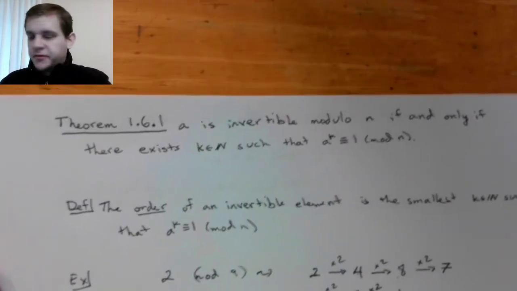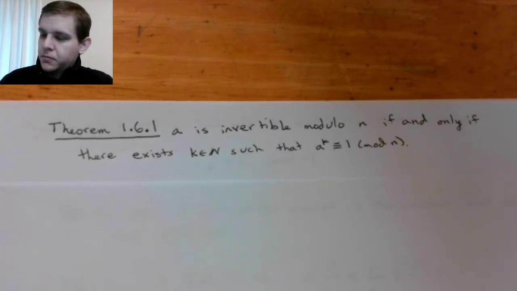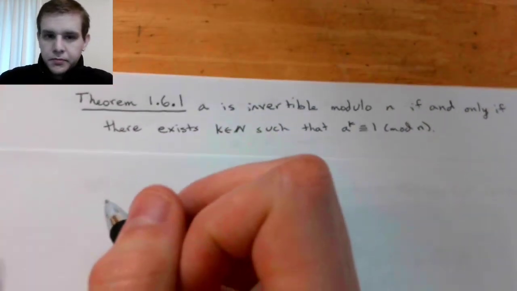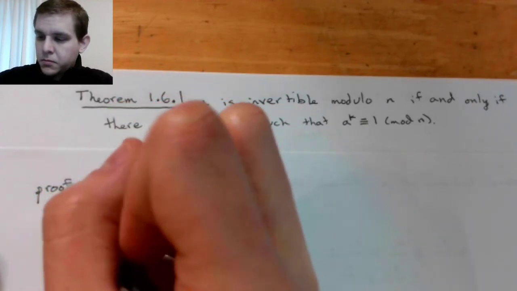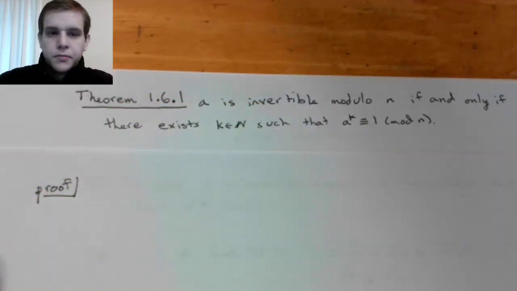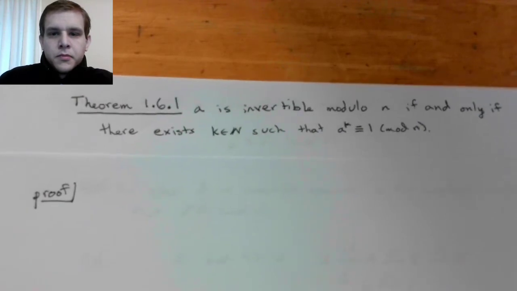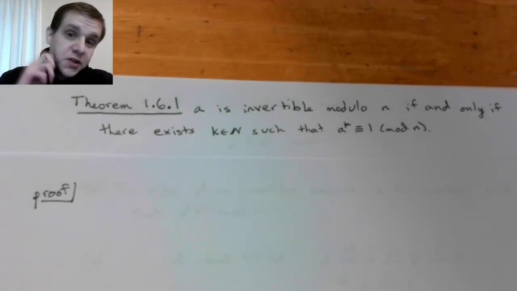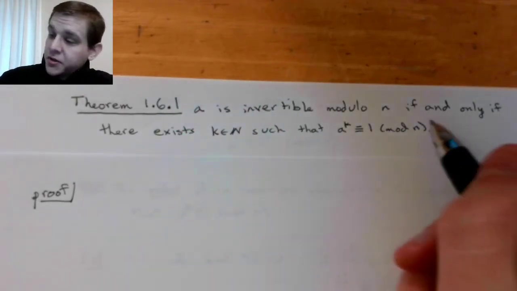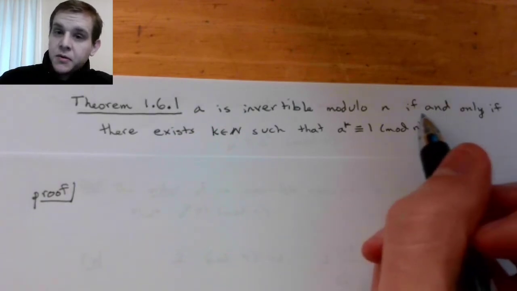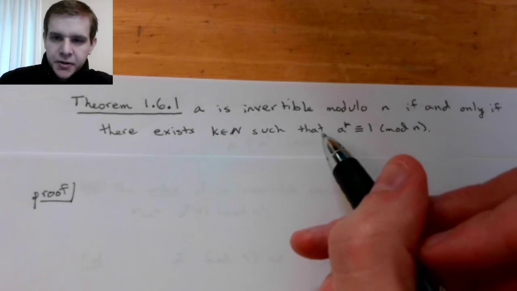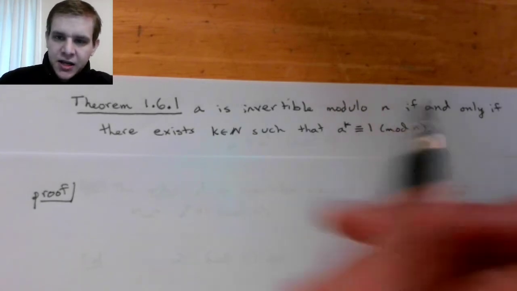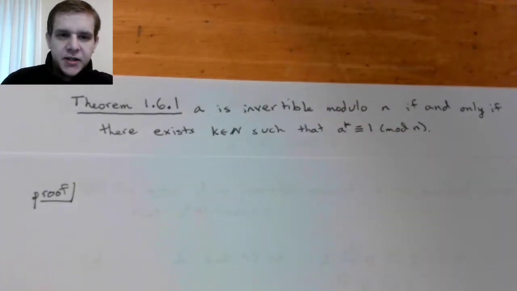So let's go into the proof. The first thing we need to do, there's two conditions, right? This is an if and only if condition. So first we'll assume that a has an order, so that there is some k such that a to the k is congruent to 1 mod n, and this is the easier direction, and prove that it's invertible.